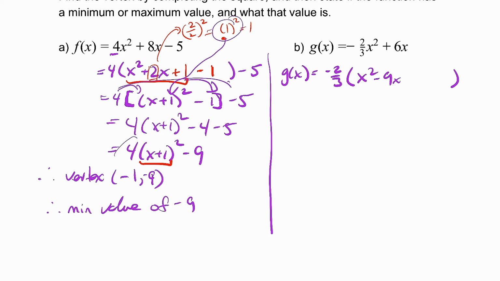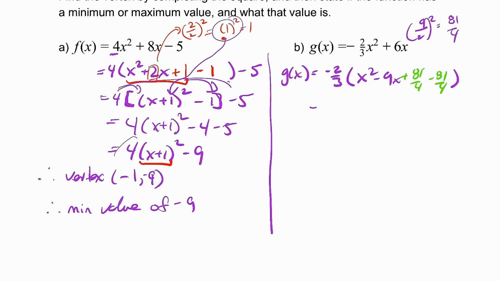Again, our algorithm to get the value added and subtracted is we take the b value, divide by 2, and square it. So that's going to be 81 over 4. So we need to add 81 over 4 and subtract 81 over 4. In this equation we don't have a c value, so there's nothing after those brackets.